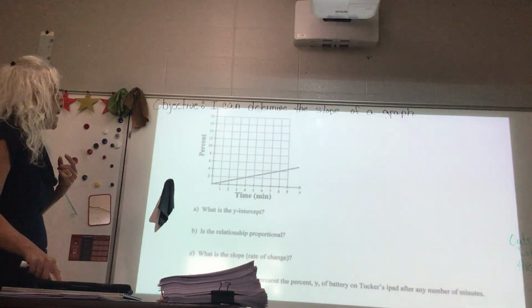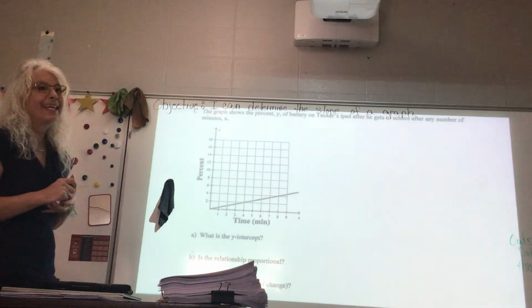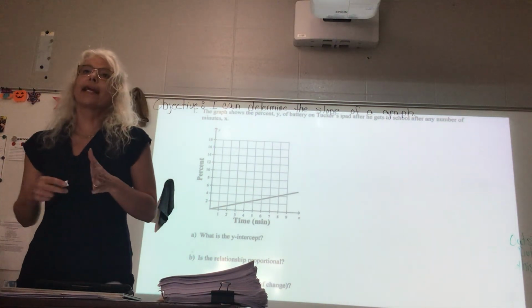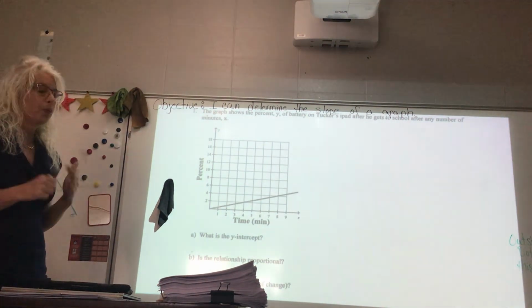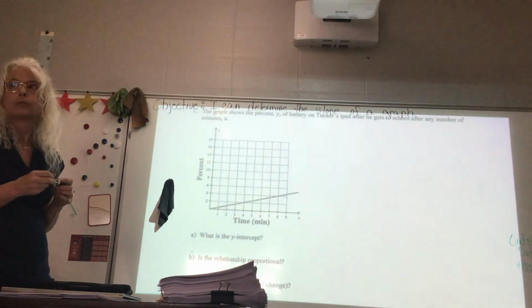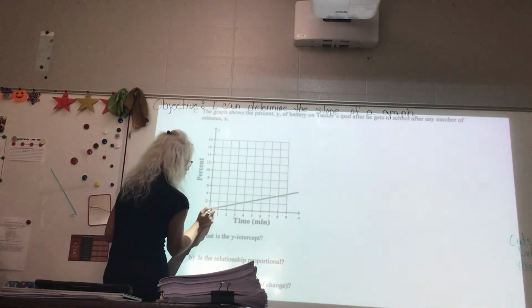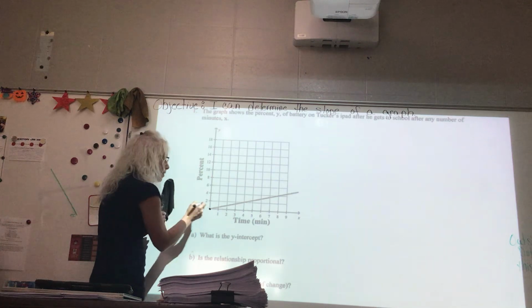So on part A, it says, what is the y-intercept? And this is a new vocabulary term. Everybody, at the beginning, what percentage of battery does Tucker have on his iPad? Zero. Absolutely, because right here, isn't this the starting point? Yes. And how much battery is that? Zero.